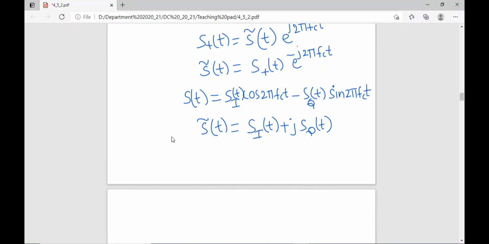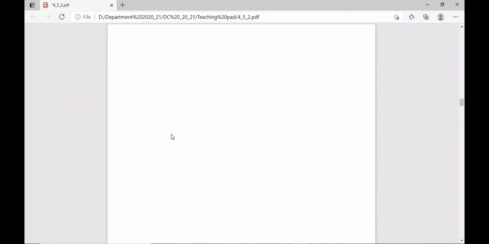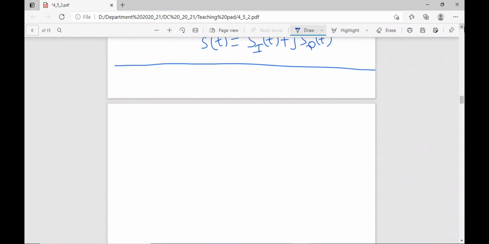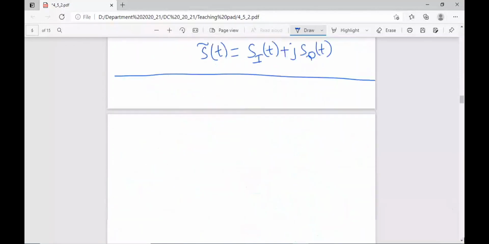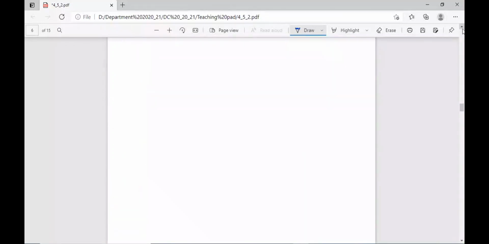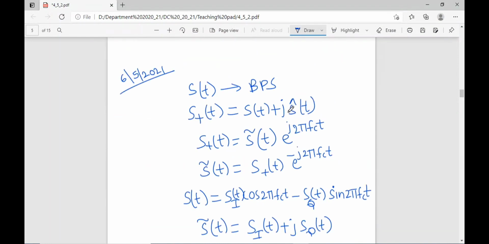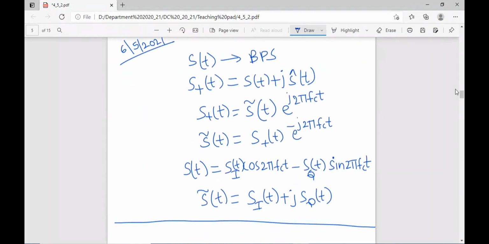Okay, so these are the basic things which we have already discussed in the previous classes. So now let me go with the next topic. We have seen how to represent the bandpass signals in complex form, the complex envelope.